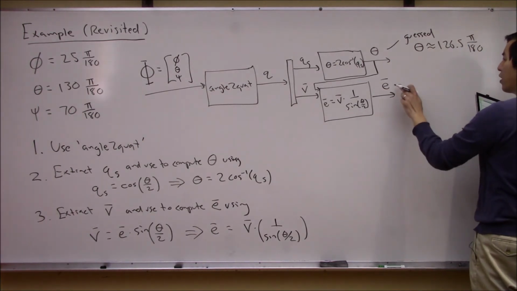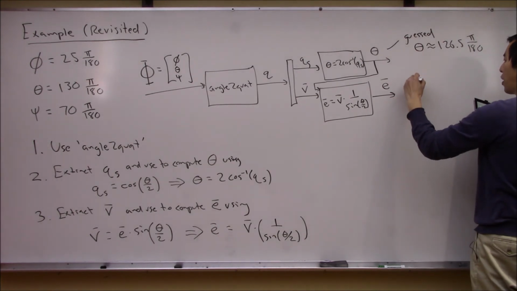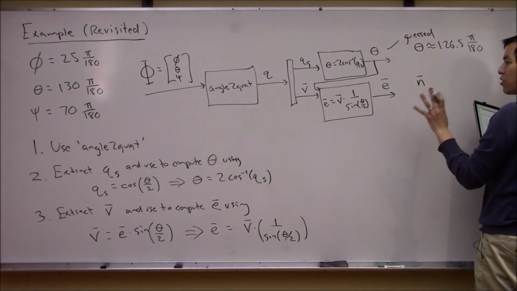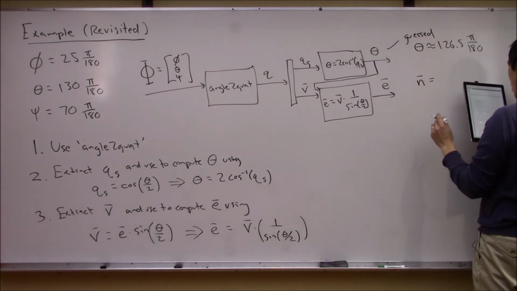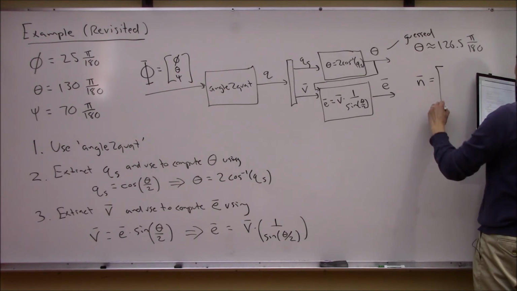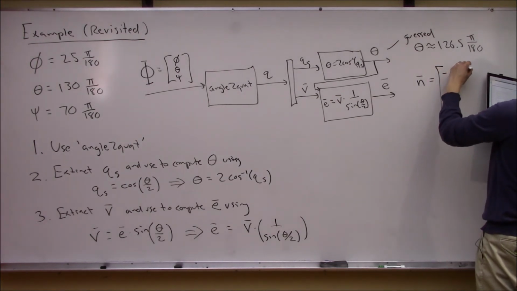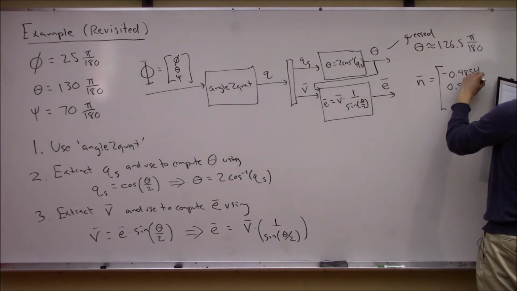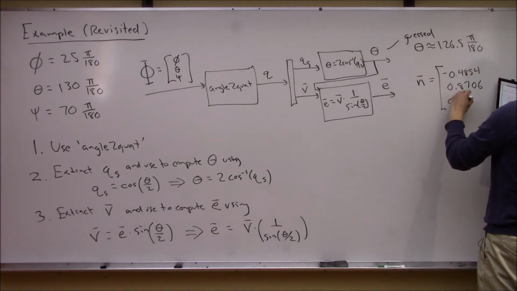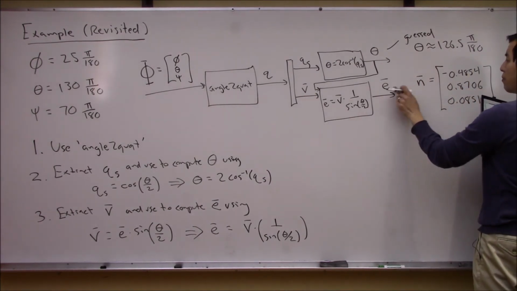We also saw that the axis of rotation, which I think we called N earlier, that we got via eigenvector eigenvalue analysis, was something like minus 0.4854, 0.8706, and 0.0851. So this and this should match.